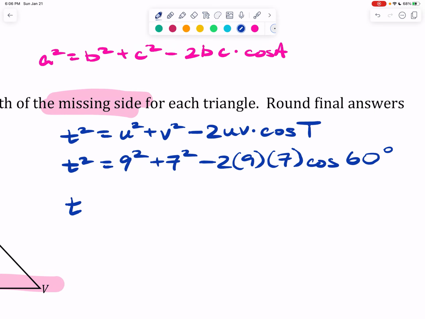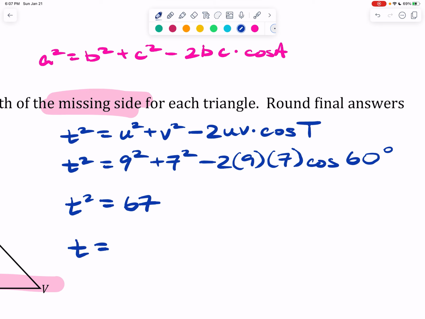At this point, I would jump to the calculator. I would plug in all this exactly as it's written, making sure your calculator's in degrees mode so that it computes that value properly. If we plug all that into the calculator, we get that t squared is 67.